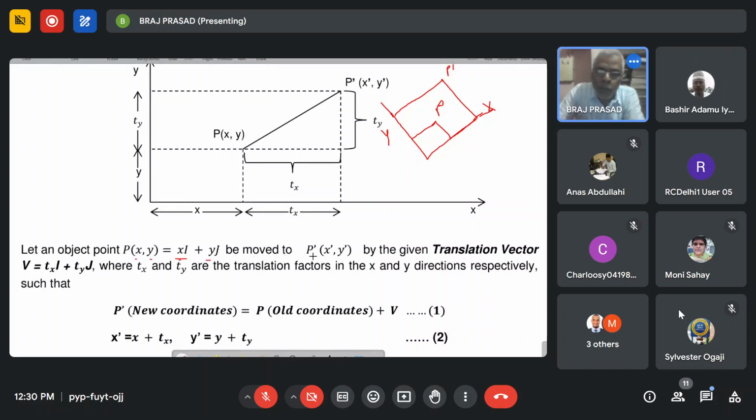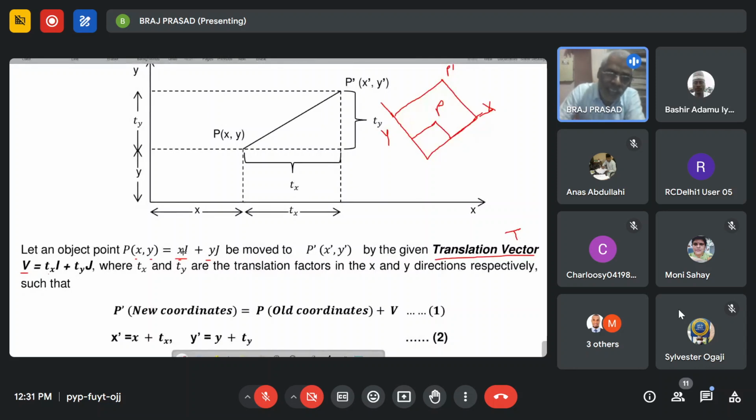We move to p dash (x dash, y dash) by the given translation vector, which I have denoted by capital T, and its components are tx in the i direction and ty in the j direction.